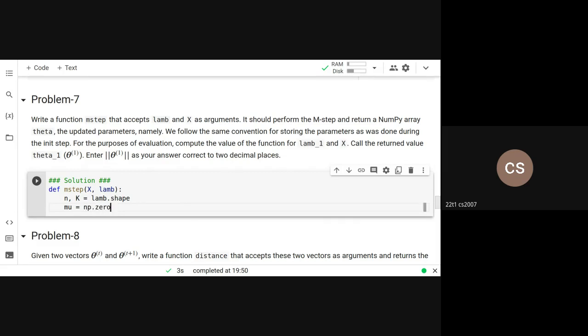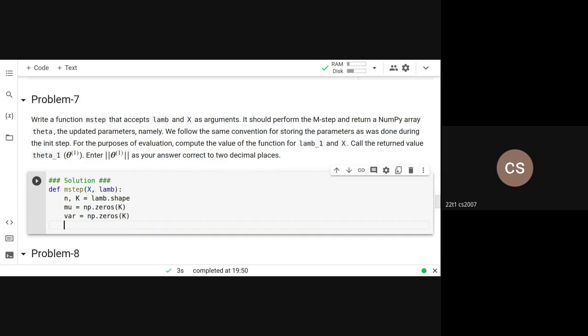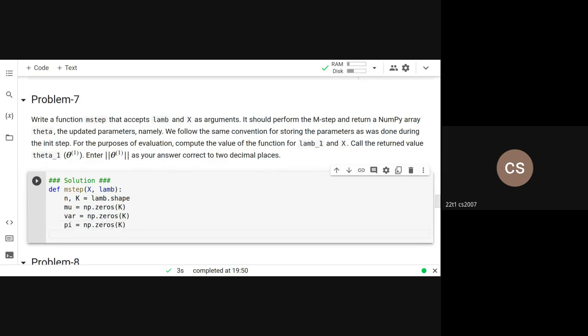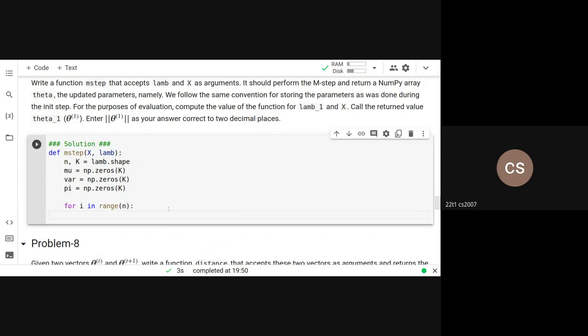I'll start with zeros, np dot zeros of k for the means, and the variances again np dot zeros of k, and for the pi's np dot zeros of k. And for the weighted part, for each data point, I need to multiply it by lambda of k, correct?